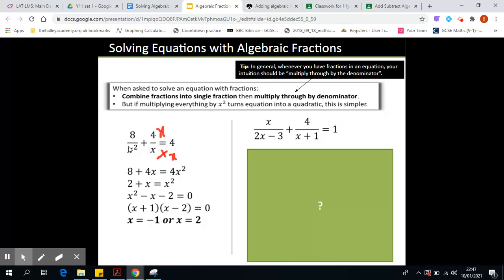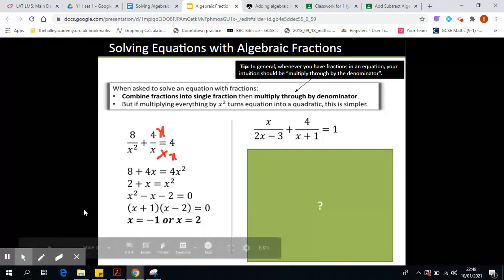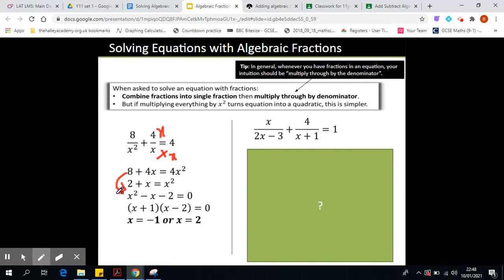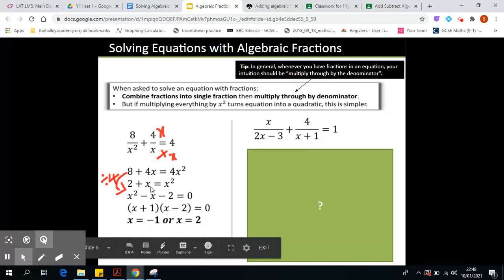Because divided by x squared is multiplied by x squared on the other side using the inverse operation. Now dividing it by 4, as 4 is the common factor, we get 2 plus x equal to x squared.